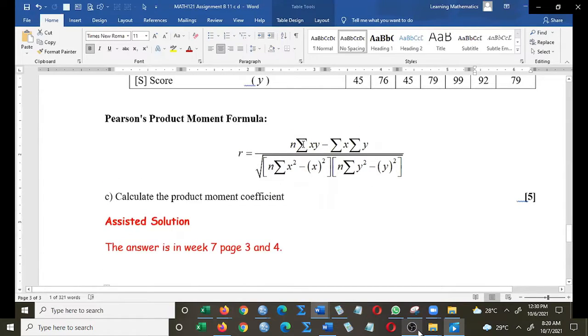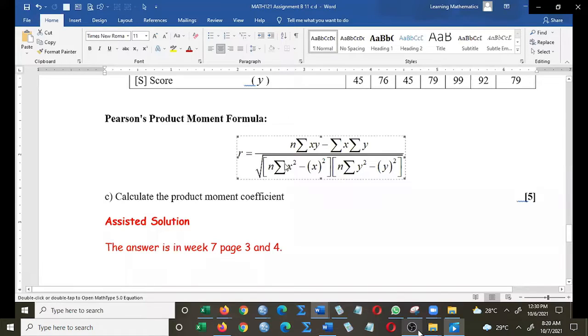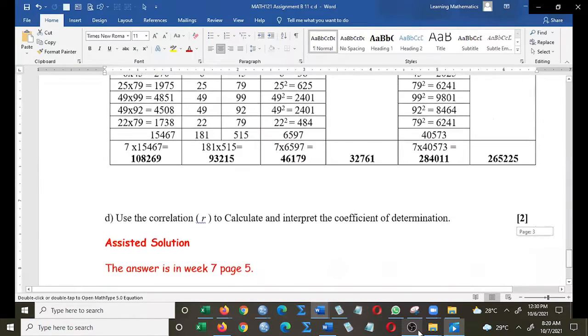You have 1, 2, 3, 4, 5, 6 numbers. Instead of substituting the 6 numbers, we can turn this number minus this number into 1, let's call it A. This number minus this number, let's call it B. This number minus this number, let's call it C. A, B, C. So let's turn 6 numbers into 3 numbers.